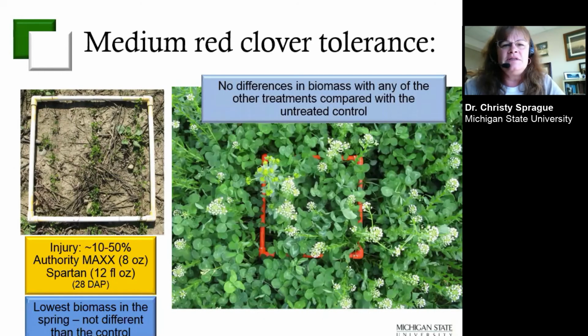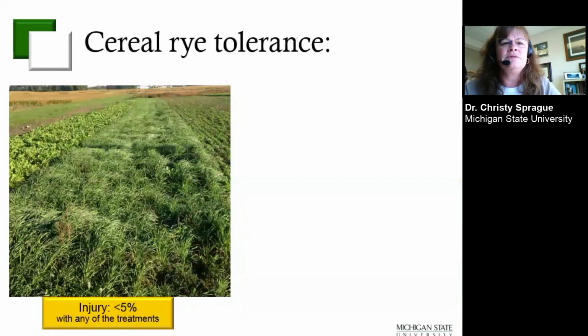With the other herbicides, no differences in biomass, and you can see we had a nice full clover stand. So again, applying those herbicides as a pre-emergence in soybeans to give us some residual control, and then coming back in the fall and doing our seeding of those 3 cover crops, medium red clover was able to tolerate a lot of the different herbicides.